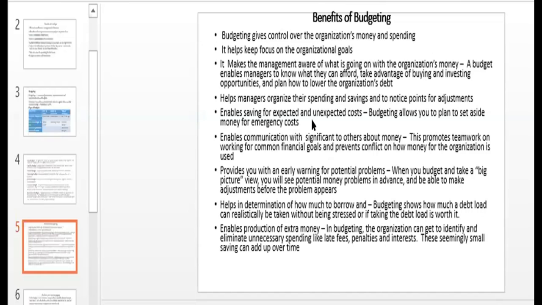Now, it enables communication with significant others about money. This promotes teamwork on working for common financial goals and prevents conflict on how money for the organization is used. So budgets reduce levels of conflict. Assuming a situation where you don't have a budget and somebody wants to spend money on advertisement, and you deny to pay him the money, then he ends up accusing you for denying it.